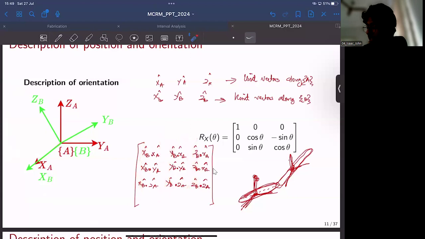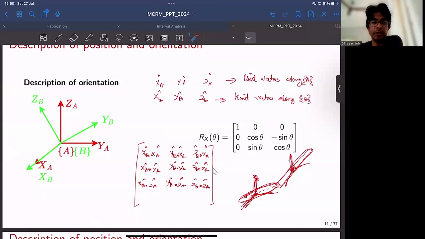The first column depicts the angle between XB with respect to XA, YA, and ZA. The second column depicts the angle between YB with respect to XA, YA, and ZA. And the same for the third column, which denotes the angle between ZB with respect to XA, YA, and ZA.